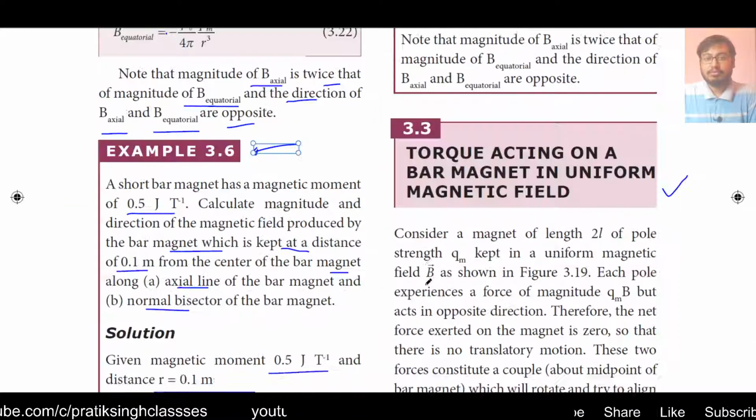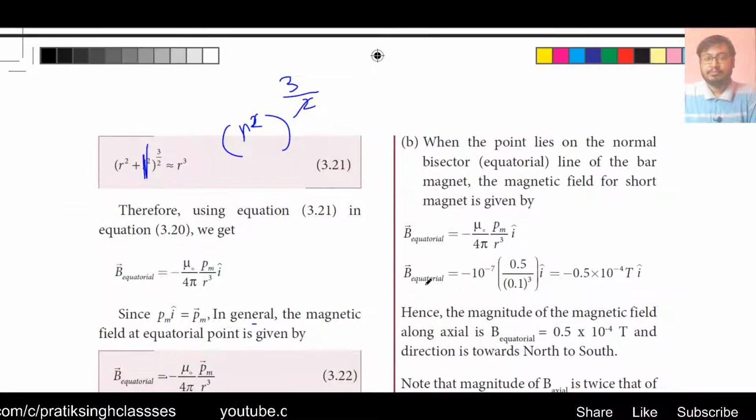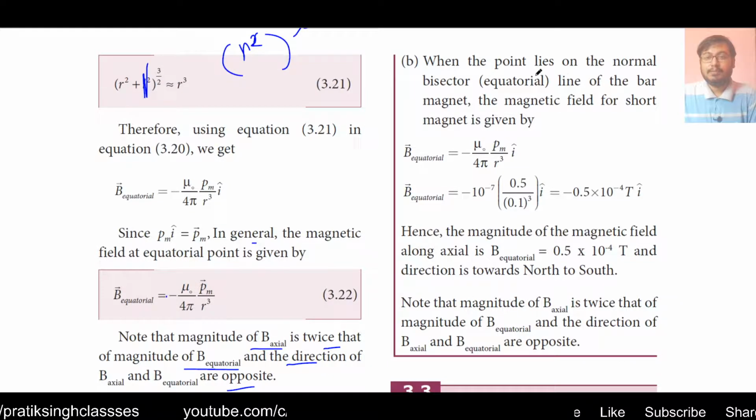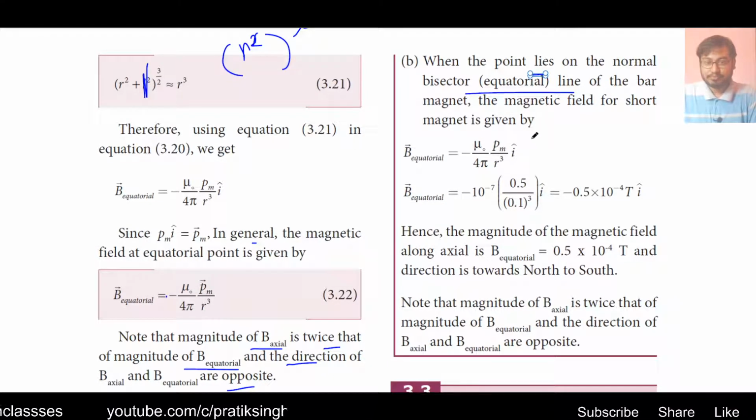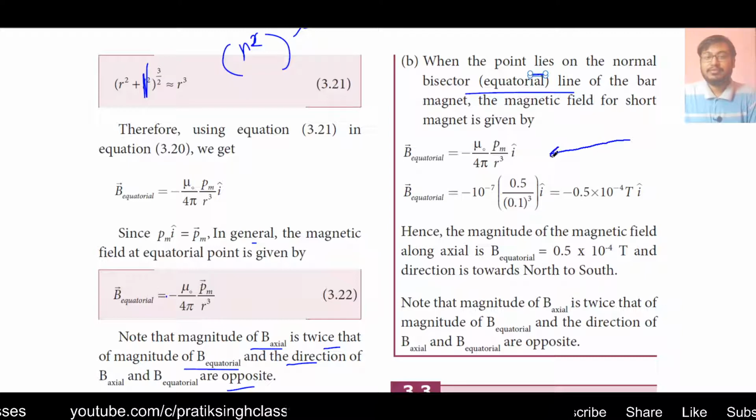Coming to part B. When the point lies on the normal bisector or equatorial line of the bar magnet, then the magnetic field B equatorial is given by minus mu naught by 4 pi into Pm by r cube into I cap. So just substitute the values.